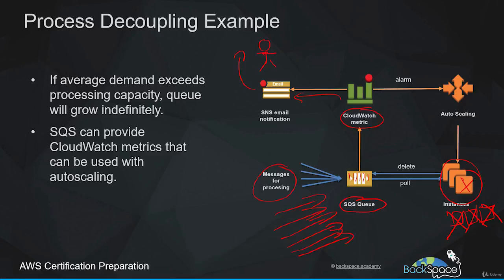The way we can do that is with, again, a CloudWatch metric that will alert the auto-scaling group that the SQS queue is too big and to put on more instances to reduce the size of the queue. And at the same time, when the queue is empty, CloudWatch can send a metric to the auto-scaling group to reduce the number of instances and terminate those so that we're not wasting those resources.